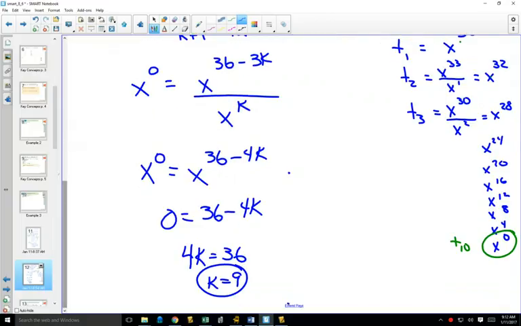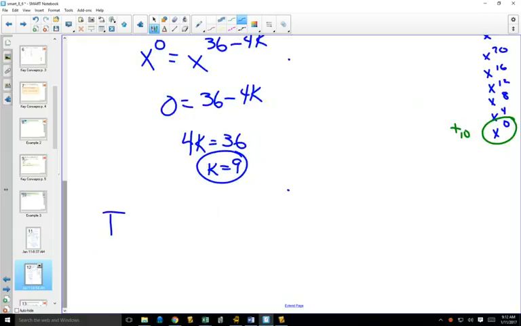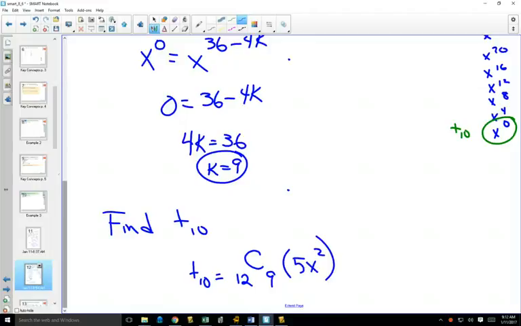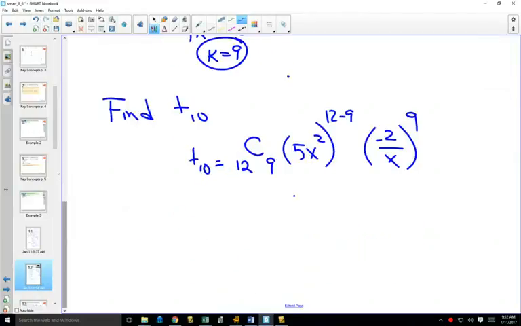Once you've got k is equal to 9, now find term 10. Term 10 would be n choose k. And if we simplify this, again, do each one separately. 12 choose 9 is 220. 5 to the power of 3 is 125.